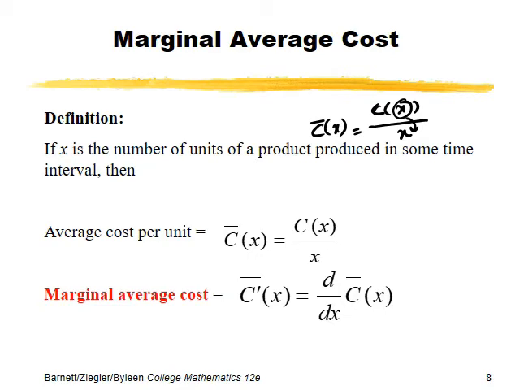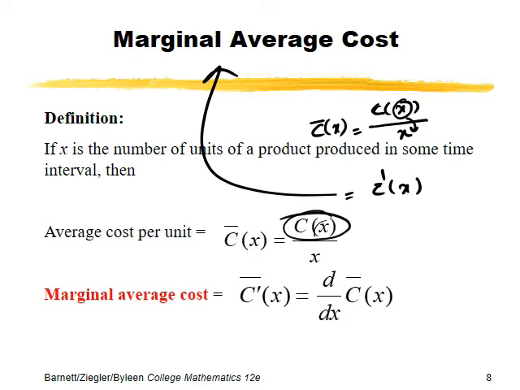And further, if you take the derivative of that average cost function, it will give you the marginal average cost function. So here you can see that c of x is given, you divide the whole function by the variable involved, x, and then you get the average cost function. Then after this you take its derivative, you will get the marginal average cost function.